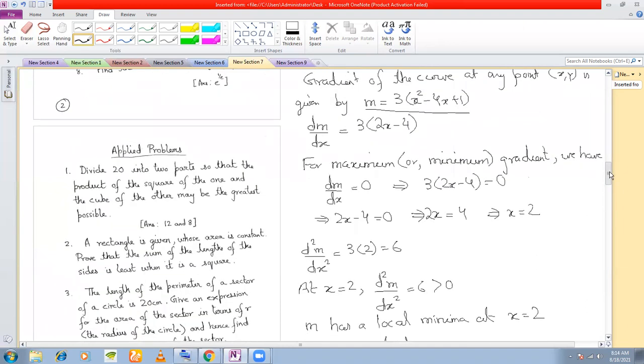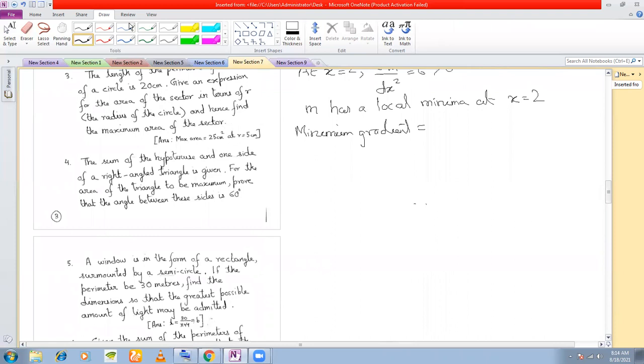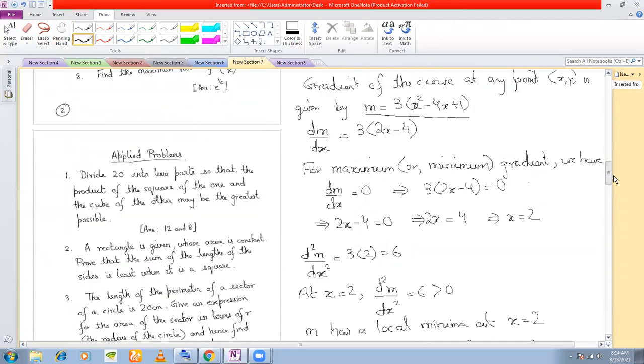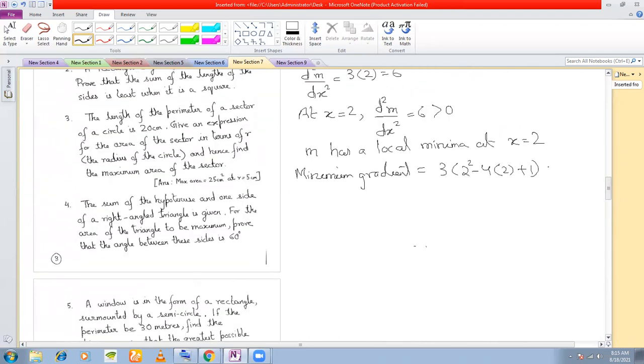Minimum gradient is 3x square minus 4x plus 1. 3 into x square, x here is 2, minus 4 into x plus 1. Now this is 12, and this is 4x, so this will give you minus 9. I hope this should be clear.